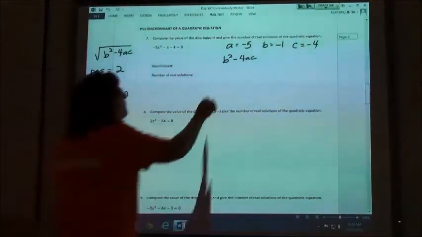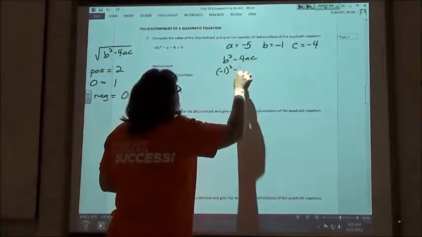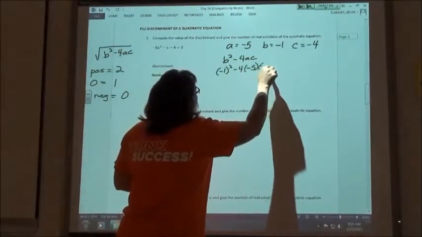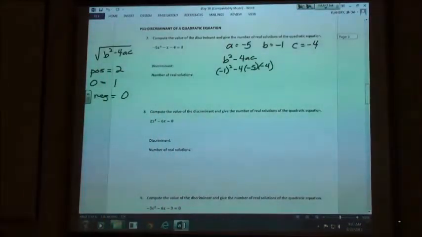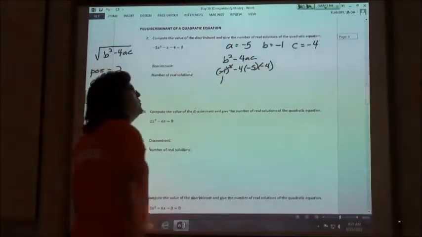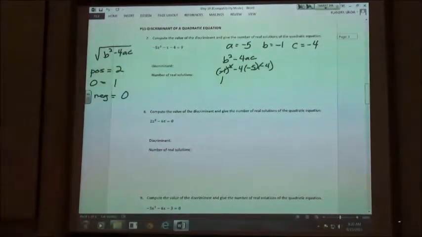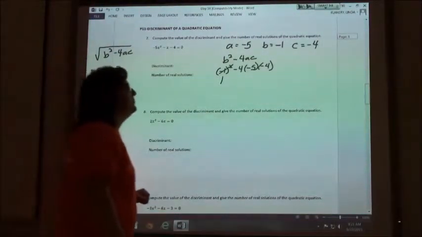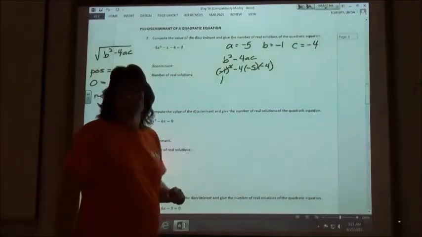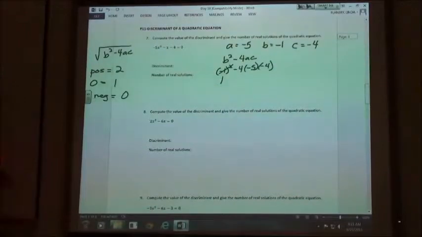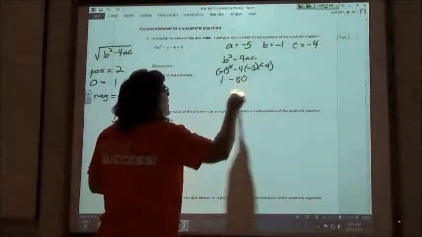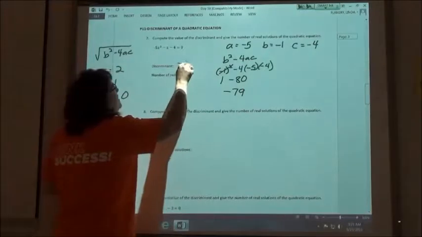So, -1 squared minus 4 times -5 times -4. If we figure that out, -1 squared is 1. -4 times -5 times -4 would give me -80. 1 minus 80 is -79.